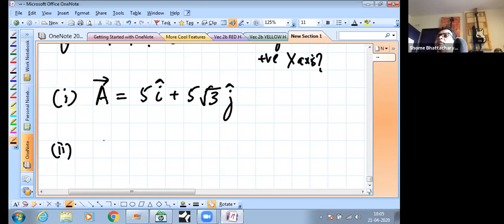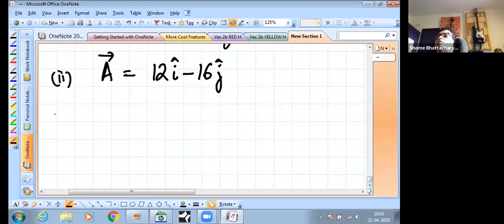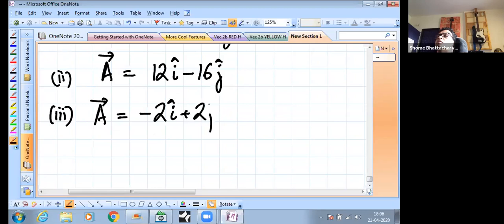The second case, let's say I'm giving the vector E as 12 i cap minus 16 j cap. In the third case, I'm giving the vector E as minus 2 i cap plus 2 j cap. Okay. So just try this question out, people.